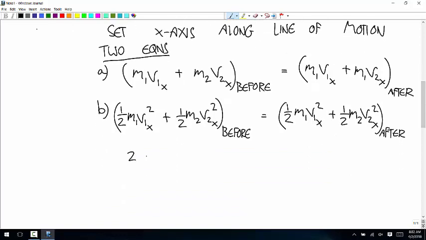And so this is your two equations for two variables. It's different variables now.